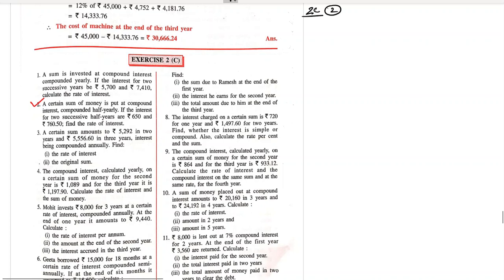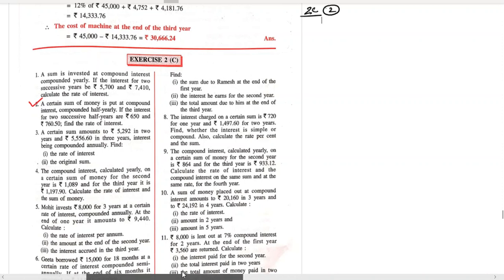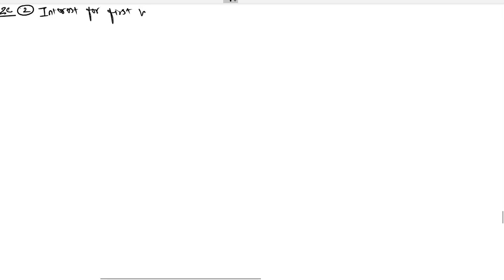2C, question number 2. A certain sum of money is put at compound interest, compounded half yearly. If the interest for two successive half years are 650 and 760.50, find the rate of interest. Great. Interest for the first half year, that is I1, is equal to rupees 650.